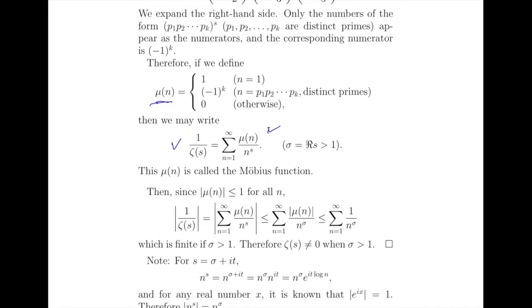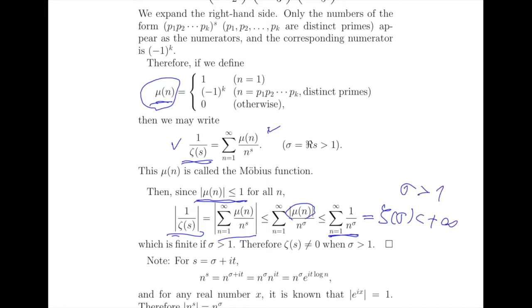By the definition of the Möbius function, it is obvious that the absolute value of the Möbius function is at most 1. Therefore, the absolute value of the reciprocal of the zeta function is less than this sum, which is zeta of sigma, and it is finite when sigma is larger than 1.